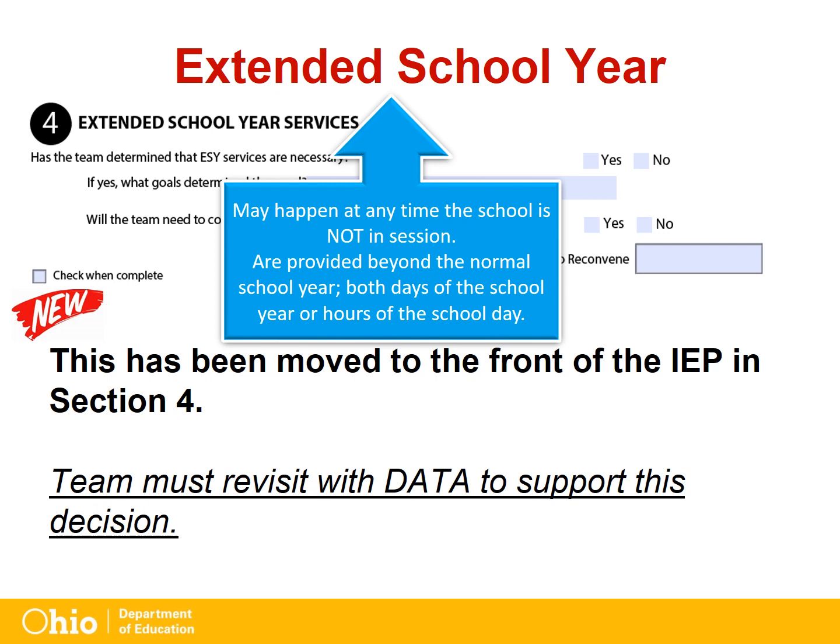The team needs to determine whether the time the student will need to relearn the skills lost is excessive, particularly compared to the time it takes non-disabled students to regain skills lost during a school break.